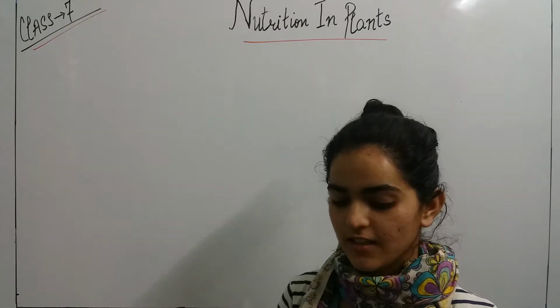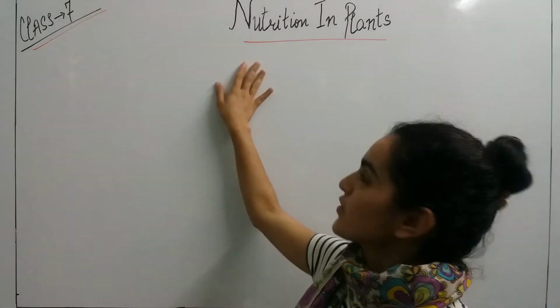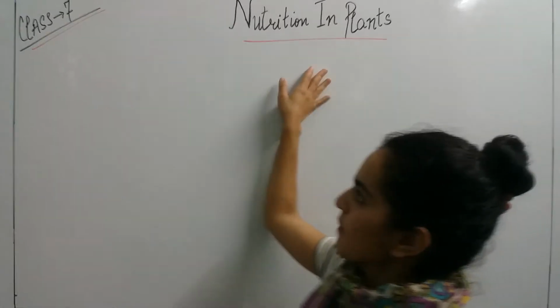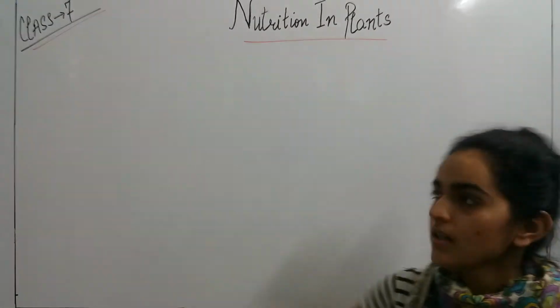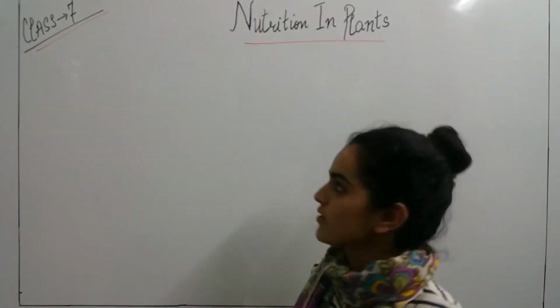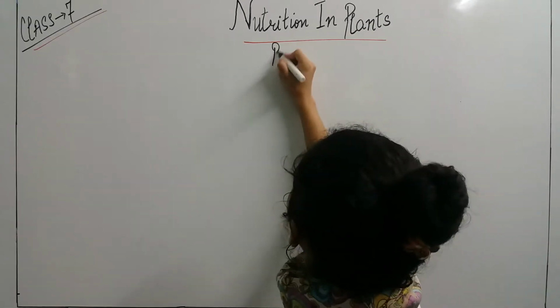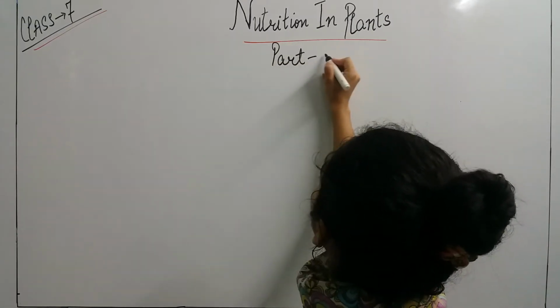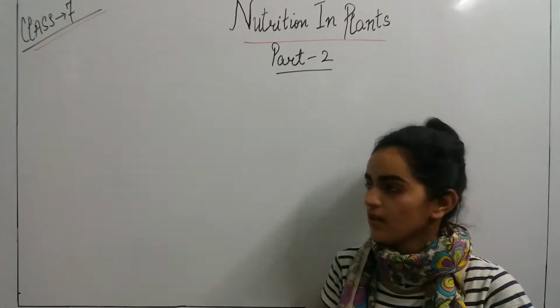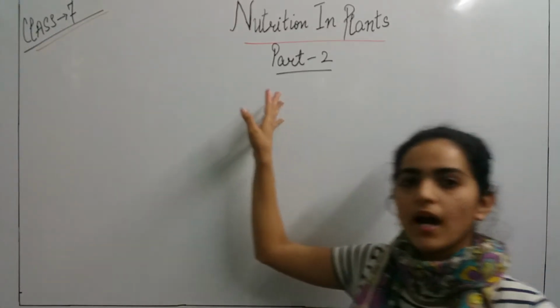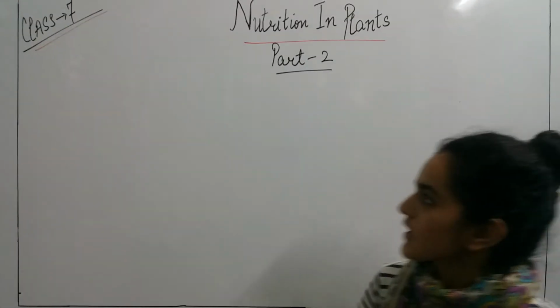Students, today we will do nutrition in plants, that is the biology chapter of class 7 part 2. Today we will do part 2. We have already done part 1, and उसमें हमने क्या क्या पढ़ा था?